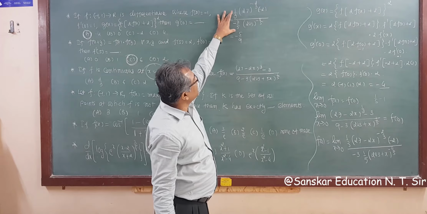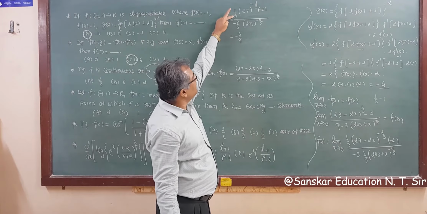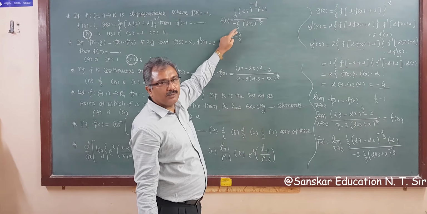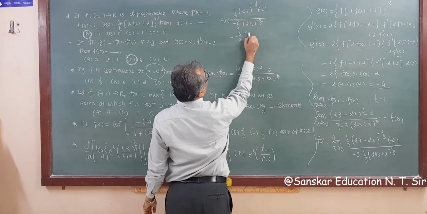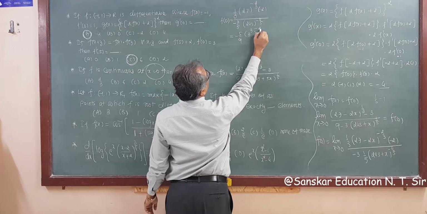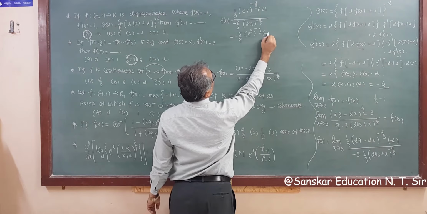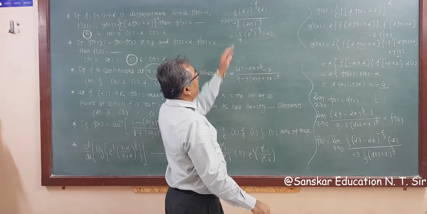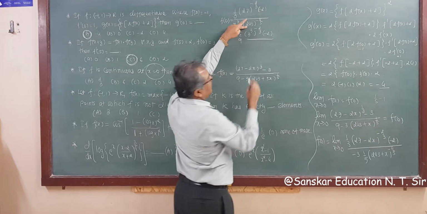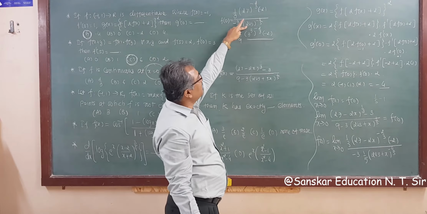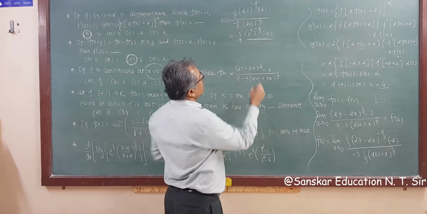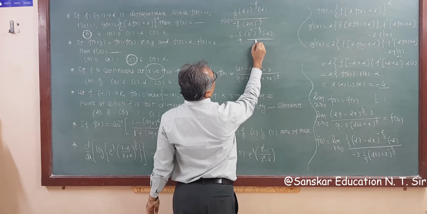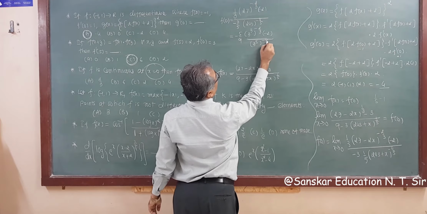The 3 comes to the denominator, and the denominator of the denominator goes to the numerator. Now 27, that is 3 cube, raised to minus 2 by 3, into minus 2, upon 243. 243 means 3 raised to 5, right? So this is 3 raised to 5 raised to minus 4 by 5.